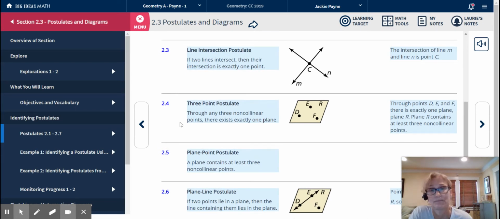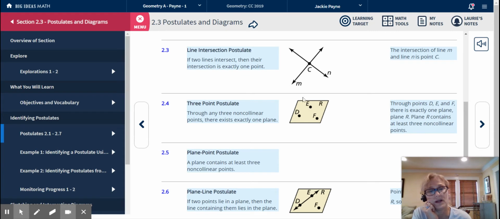3-point postulate. Through any 3 non-collinear points, remember, they're not all on the same line, there exists exactly one plane. So through D, E, and F, there is exactly one plane, plane R. Remember, R doesn't have a dot by it, so that's why it's plane R. Plane R contains at least 3 non-collinear points.